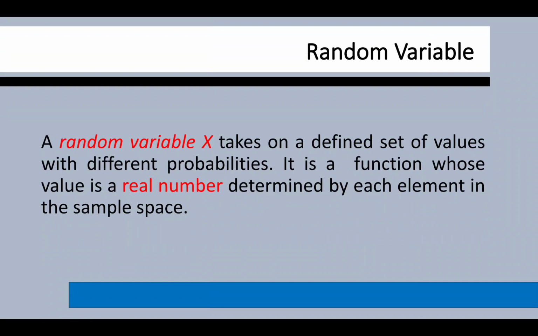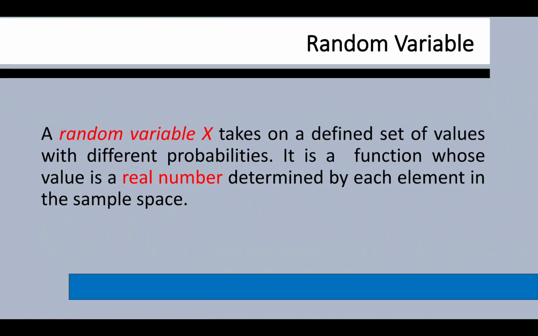Kasi most of the time in a real-life situation, the outcomes of an experiment are not in numerical form. For example, kuha ka ng bola sa isang basket, anong kulay yung nakuha mo? What's the probability of getting yellow? Pero hindi siya in number form. So in our discussion, we are going to assign values to those outcomes of an experiment. We will go deeper into that.